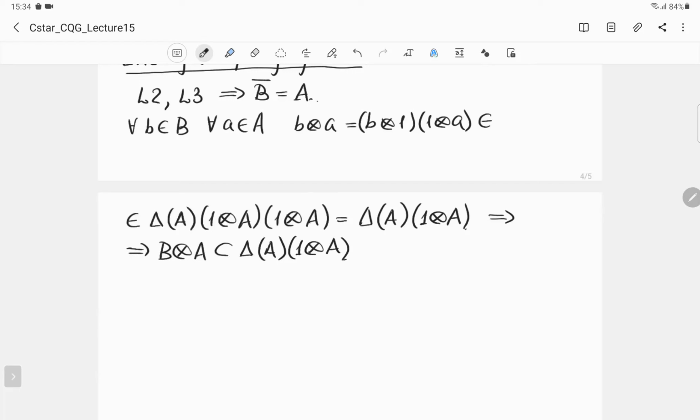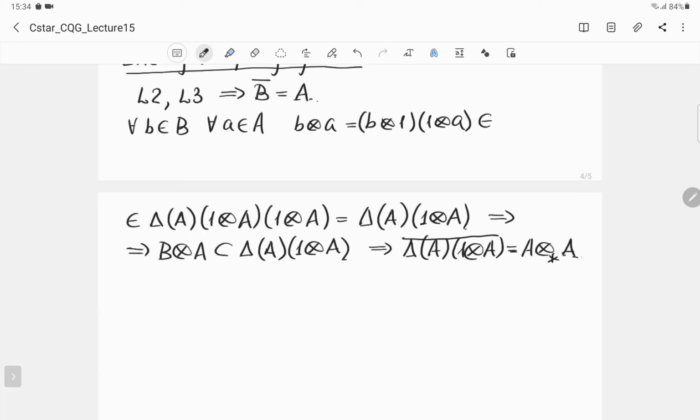But we already know that B is dense in A, and so this algebraic tensor product is dense in the C-star tensor product of A by itself. And since this space is bigger, we conclude that it is also dense. And this is our first density condition.